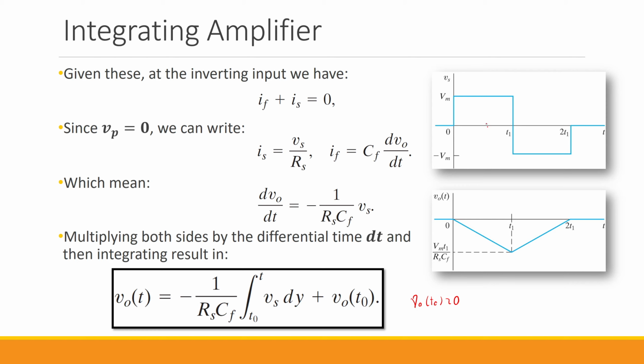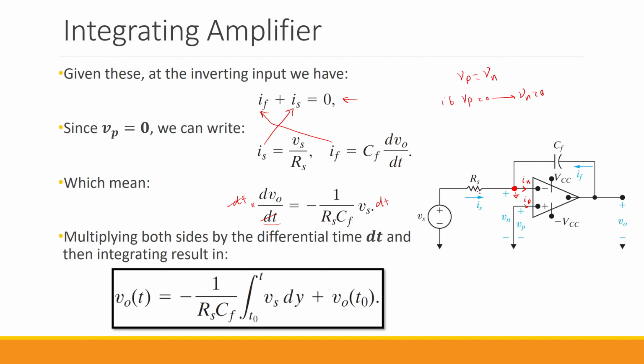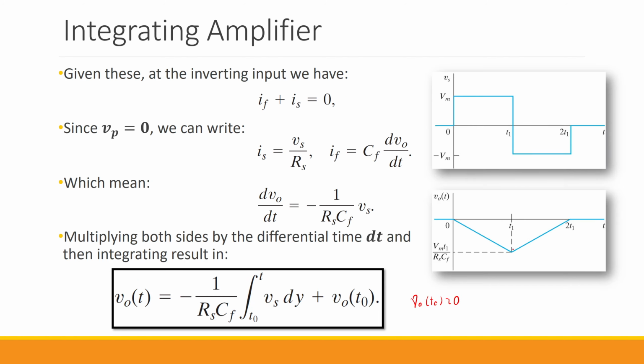This is usually called a square wave, because the shape resembles a square. If we pass this signal to the circuit as the input, since the output voltage is a gain multiplied by the integral of the input voltage, this is the output that we have.